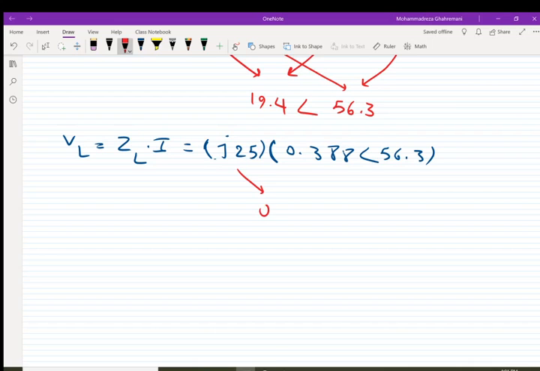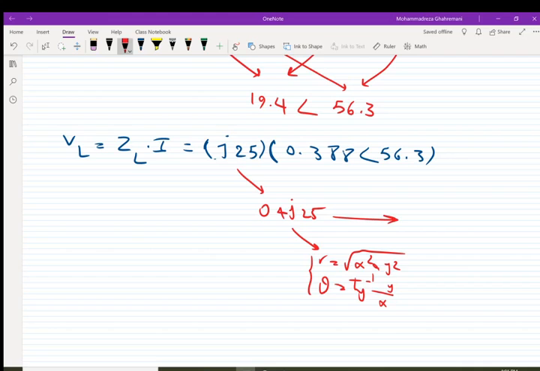J25 in fact was 0 plus J25. It is the rectangular form, so we need to convert it to the polar mode, and we use r equal to square root of x squared plus y squared, and theta is equal to arctangent of y over x. We can use the same conversions to convert this value to polar mode, which is 25 with the angle of 90.